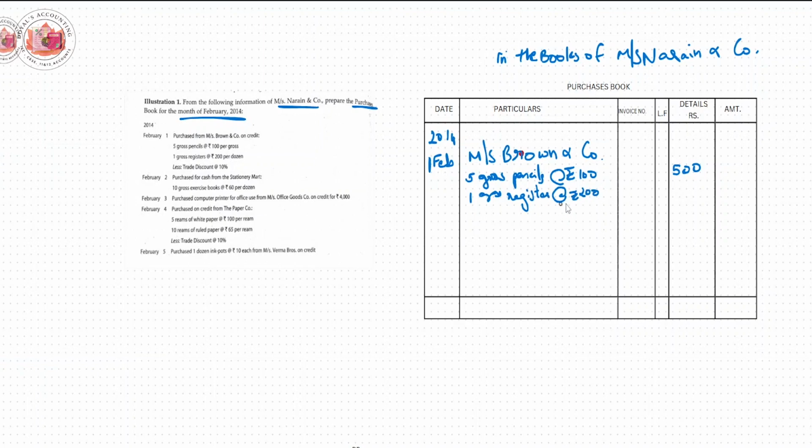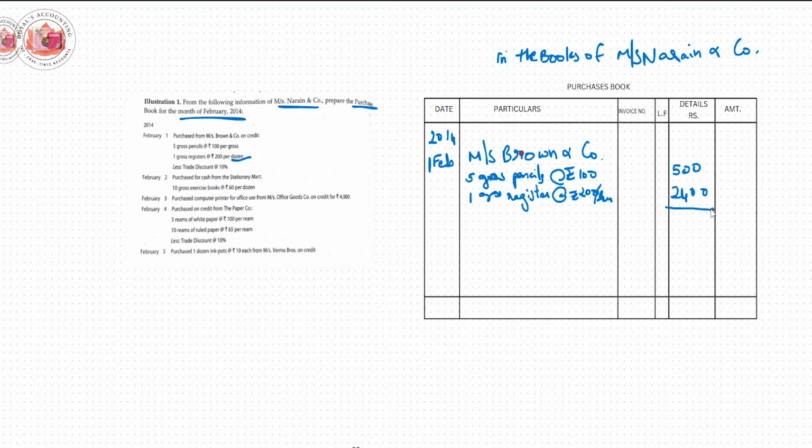Okay, so this is 200 per dozen. And I have purchased 1 dozen of registers. They have not written here, but you need to assume because they have given here per dozen. It means you need to multiply it with 12. You have purchased 1 dozen of registers. So 12 into 200 will be 2400.